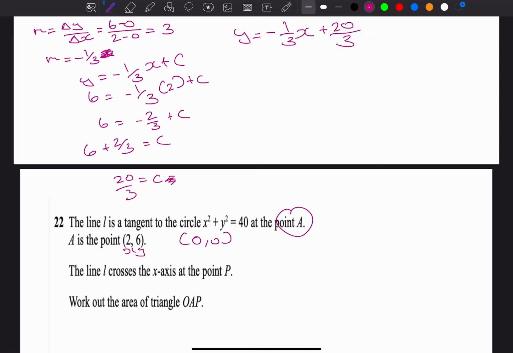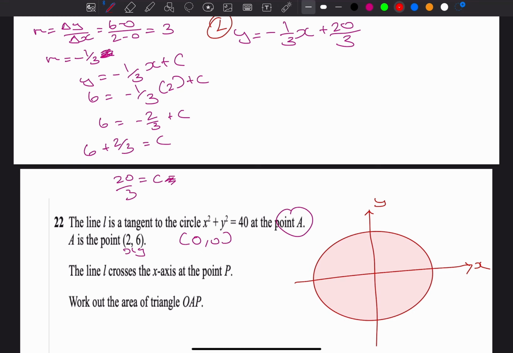That's the line L apparently. And if you have a look at this, 2 comma 6, let's just say the circle is here. 2 comma 6 is roughly here, and that's the tangent that does that. Okay. L crosses x-axis.